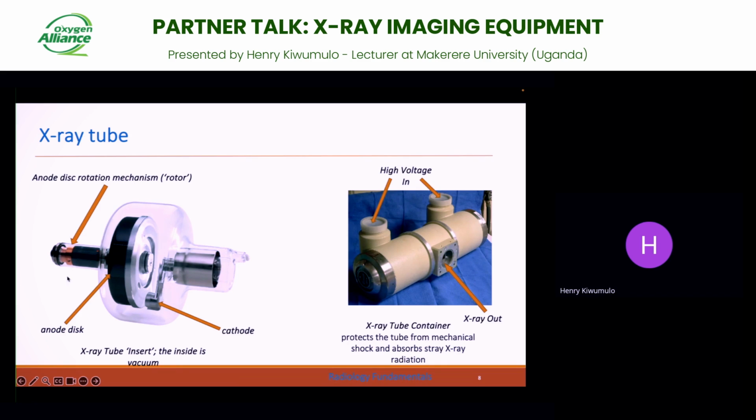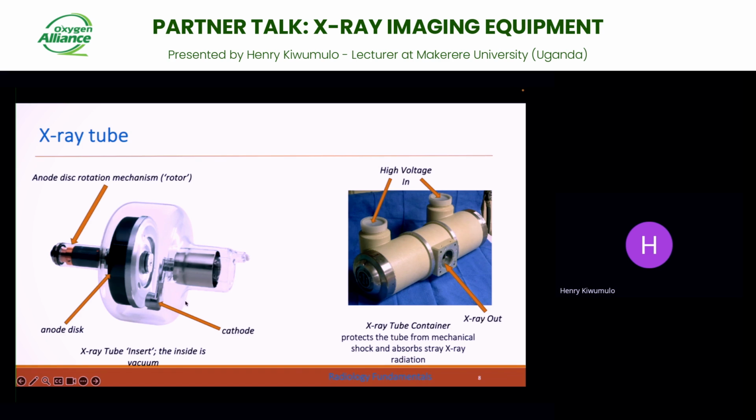So still the heart of an X-ray machine being the tube, of course, this is the pictorial representation. So the tube has mainly two very important parts, and that's the anode and then the cathode. And then, of course, it has the rotor, which we've talked about, which is an anode disk rotation mechanism. And both of these are enclosed in a vacuum, which we call a tube insert.